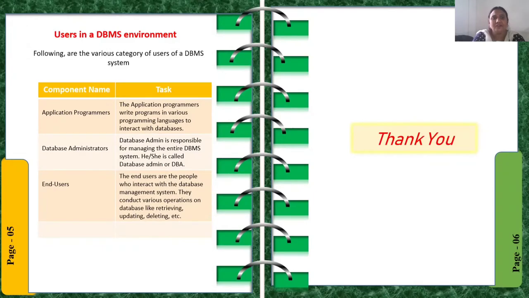These three are very important. First, the application programmer: who is that user? Programmers write programs in various programming languages to interact with the database. It is the backend; they are the people who develop the application and create it. A database management system is not a fit for all organizations.